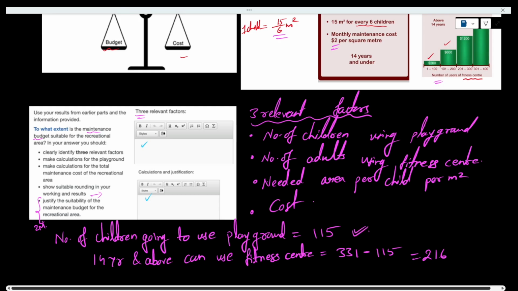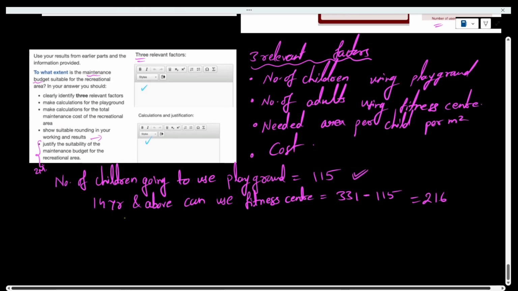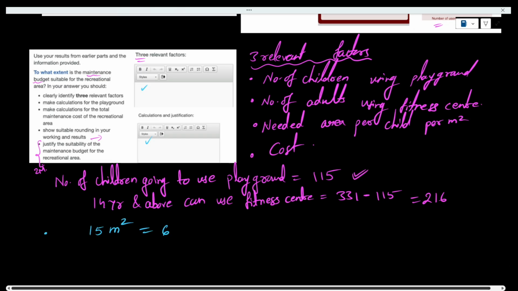So for these many people, you need to find out the maintenance cost. So how will you do it here? First, it's given 15 square meters per 6 students, right? So the first calculation: 15 square meters is for 6 children.